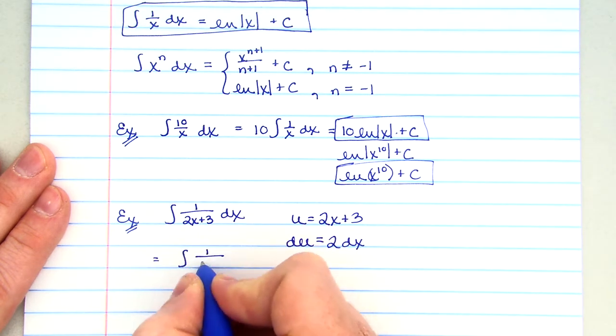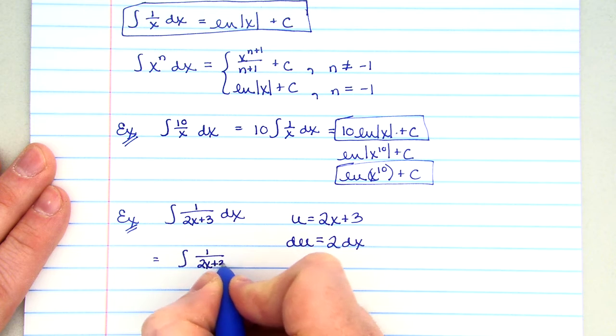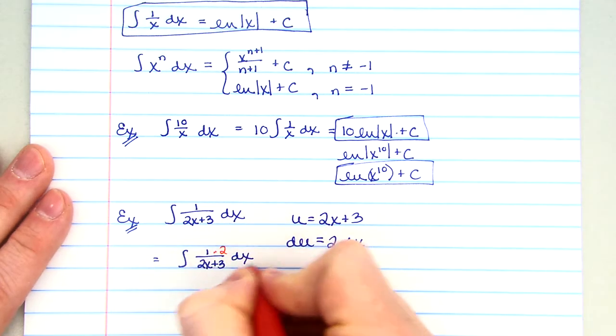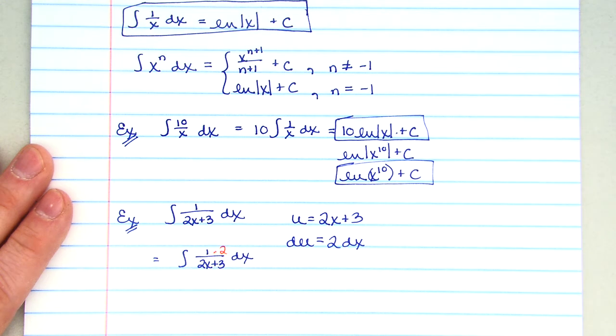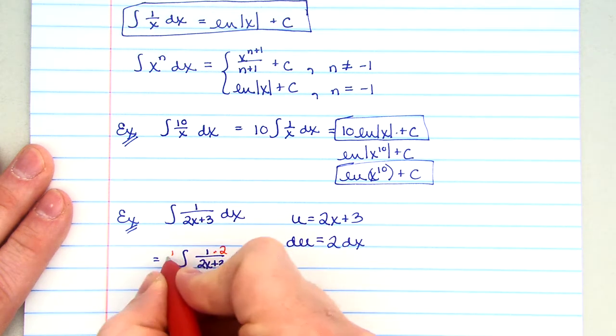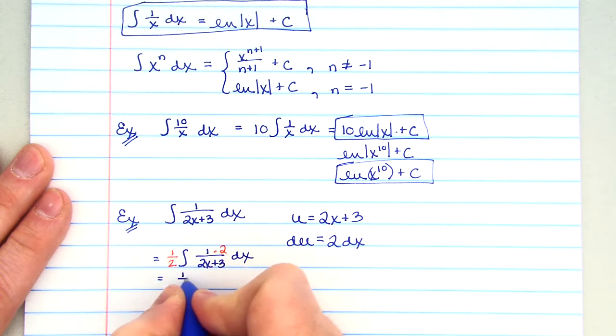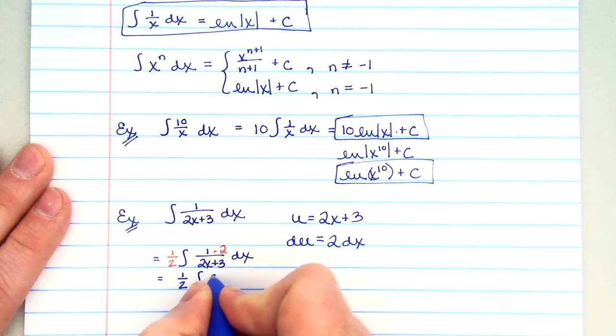I'm just going to rewrite the problem so you can see how I stick the u and du stuff in here. What do you need inside? 2. And then you got your 2 dx. That's all good. What else? 1/2 on the outside. And we can turn this problem into 1/2 times the integral of du over u.